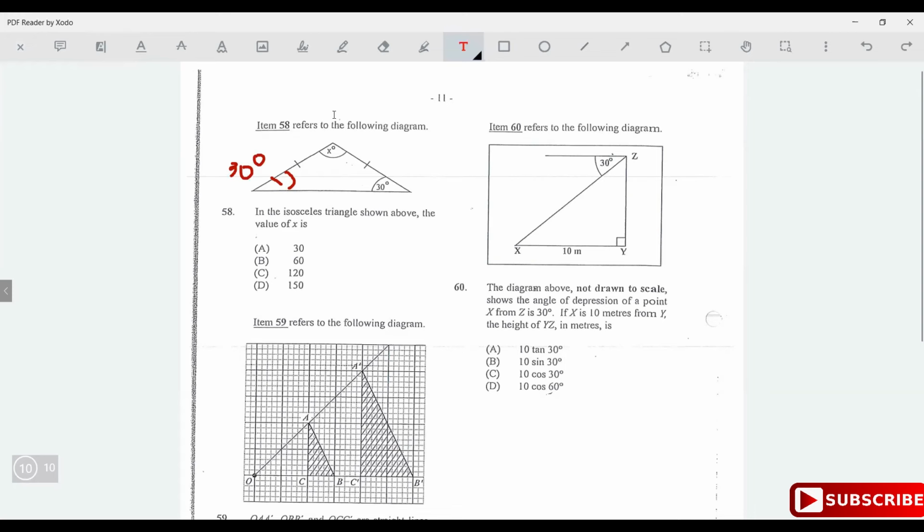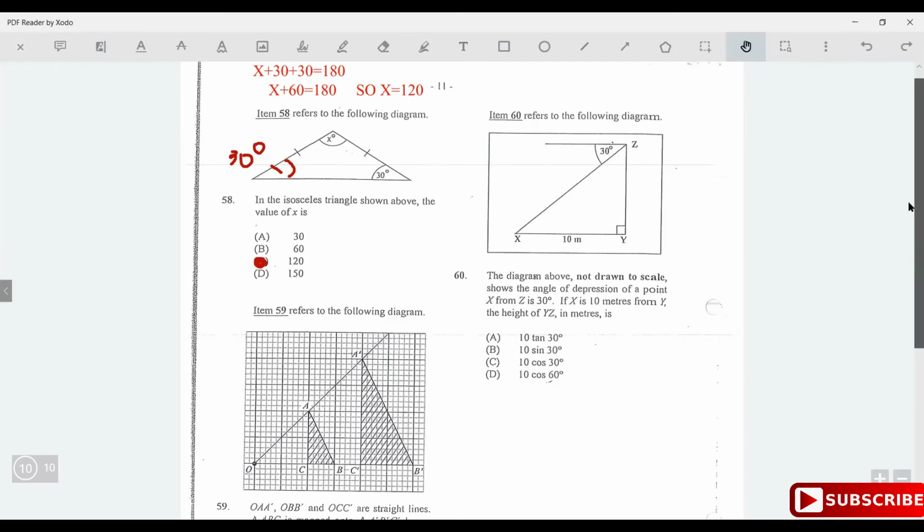So x plus 30 plus 30 is equal to 180, and so x plus 60 is equal to 180. We subtract 60 from both sides to get x is equal to 120. Angle x is 120 degrees. Nice and easy.